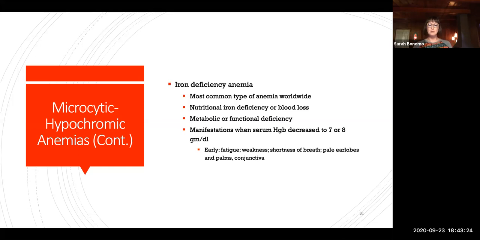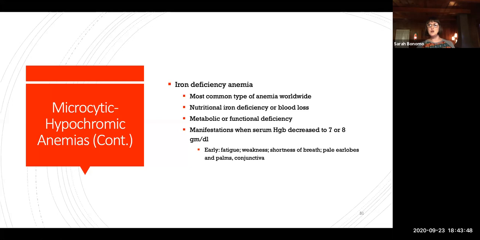The problem with kids getting iron deficiency anemia is that it is associated with cognitive impairment, and those things are hard to reverse. So we really want to pay attention to children's diets, making sure they're getting appropriate amounts of iron so that they don't encounter cognitive deficits.